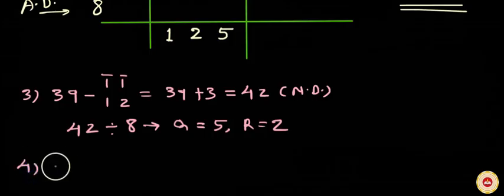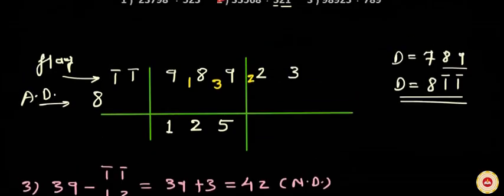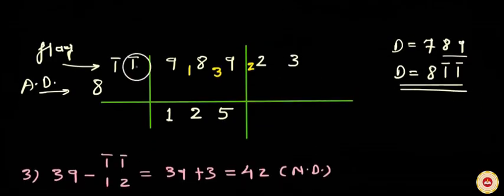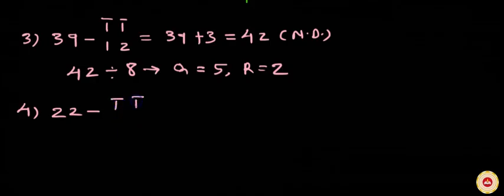Step number 4. Gross dividend 22 minus what to subtract? The cross product of the two flag digits and the last two quotient digits, that means 2 and 5. So calculate the cross product: 22 minus 1 multiplied by 5 is minus 5, plus 2 multiplied by minus 1, that is minus 2.